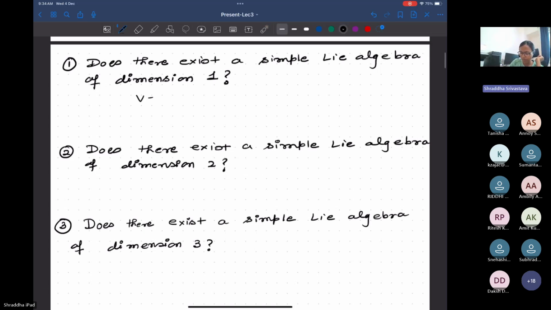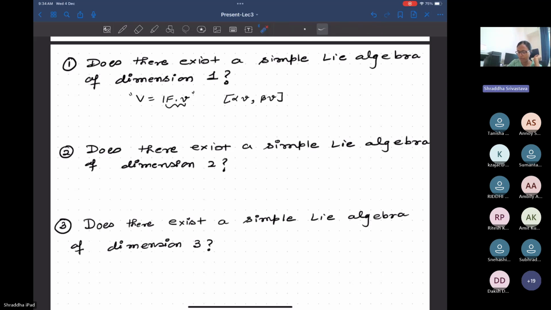So let us just write F for a field, any field, and V is the span of some vector v. What are the possible commutators on this vector space, which is just one-dimensional? Start playing with it. Everything is a scalar multiple of one single vector, so alpha v, beta v.